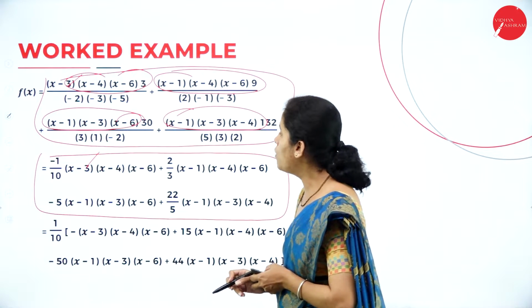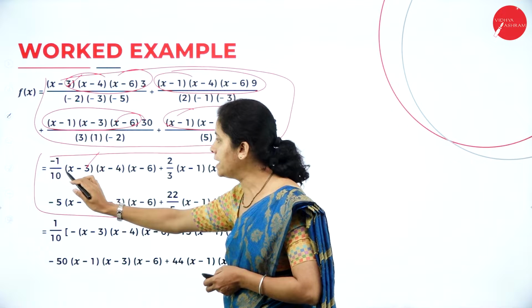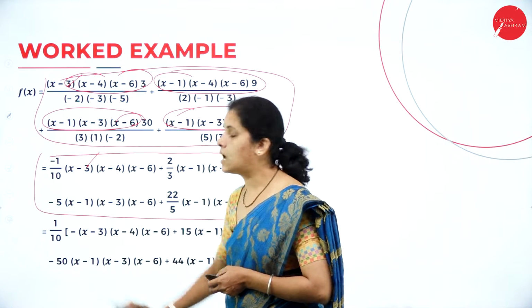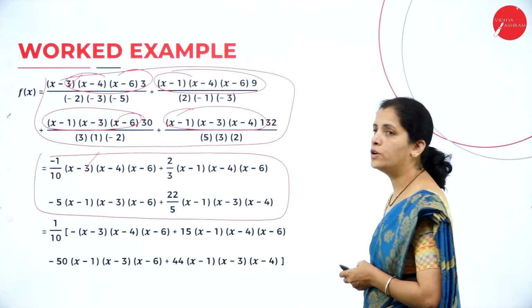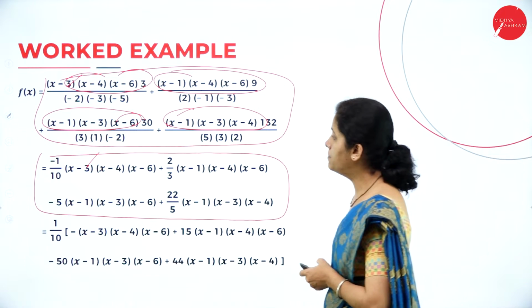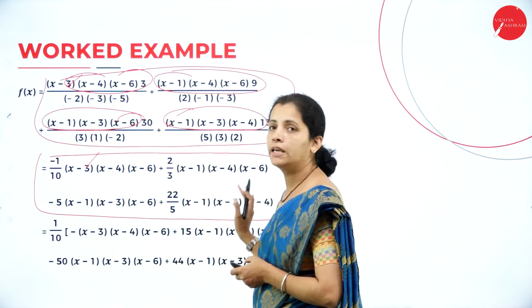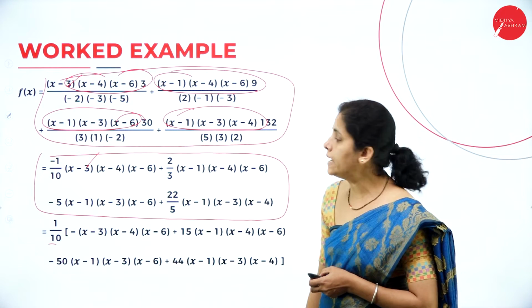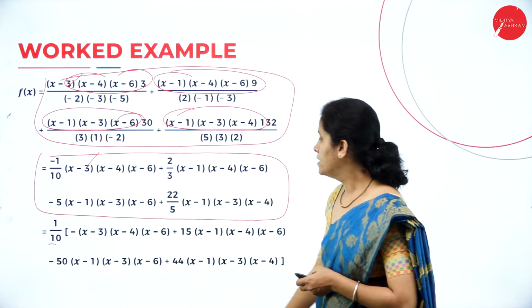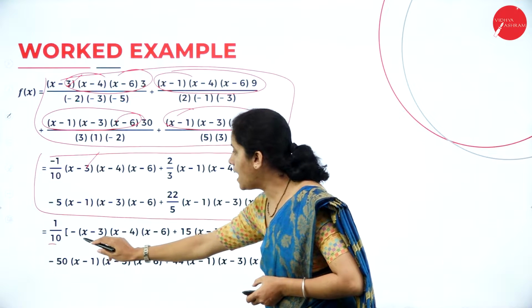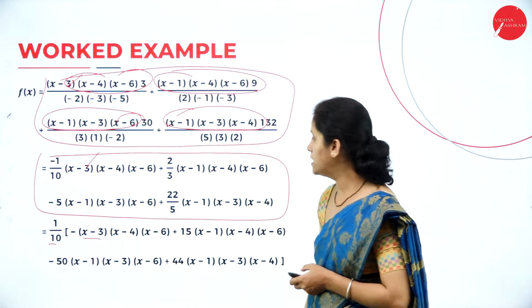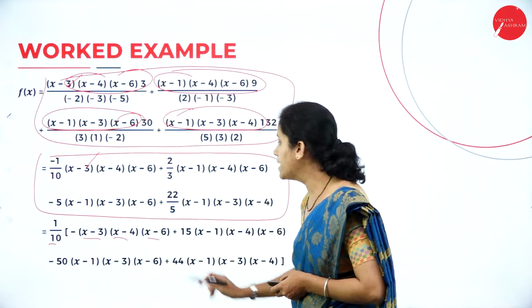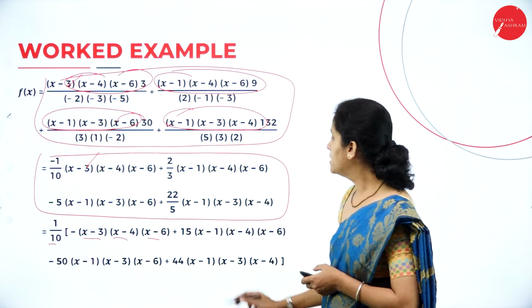Okay, now what I will do, I'm going to take 1 by x outside because I'm going to find the LCM. Okay, after taking LCM, I'm going to take 1 by 10 outside. Now, see, I have x minus 3, x minus 4 and x minus 6.